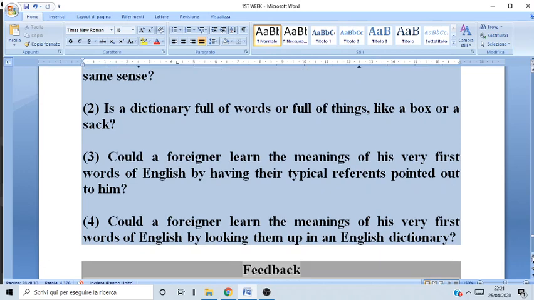Could a foreigner learn the meanings of his very first words of English by looking them up in an English dictionary?